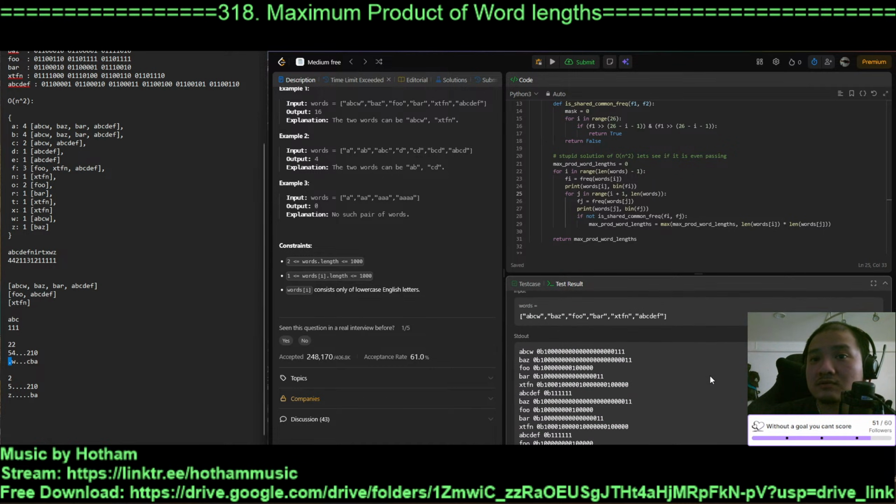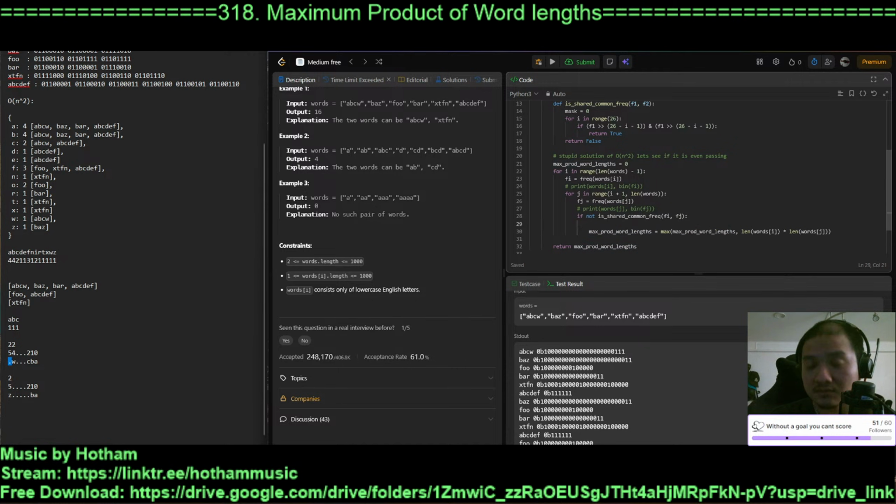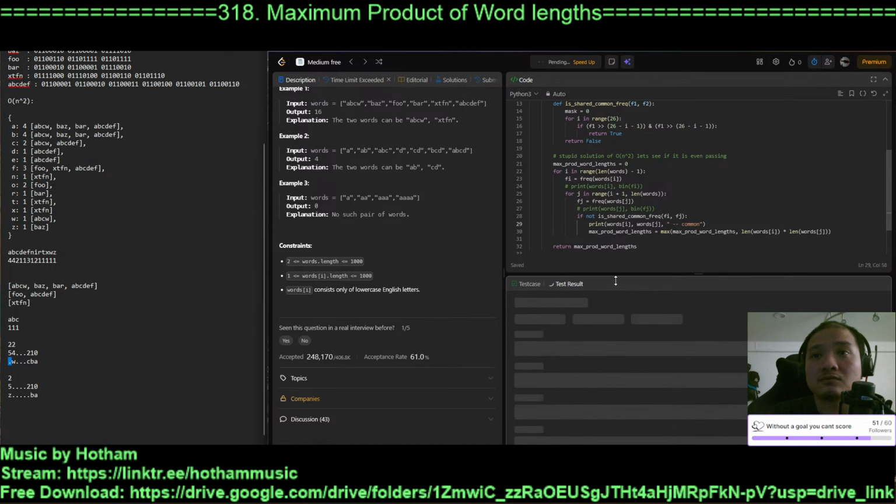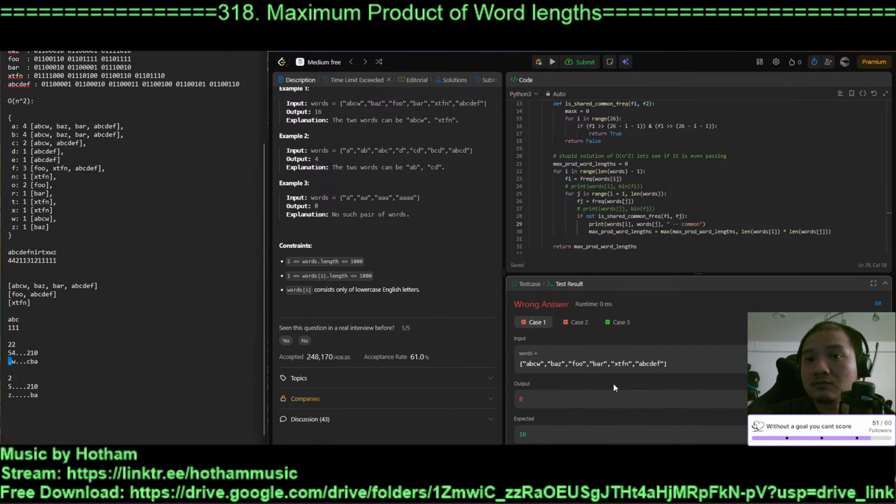Okay, hold on. So assuming that this is correct, we print word I, word J is common. There's no common, right? That's crazy. So some of the method we wrote is wrong.